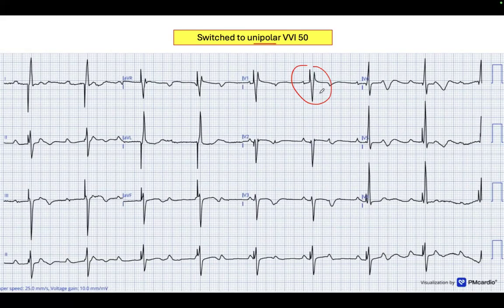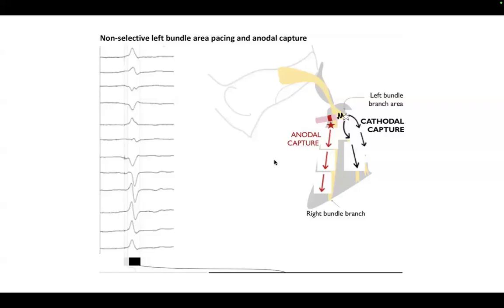Regardless, what might have happened with this patient is, yes, you are engaging the left bundle, but because the catheter moved a little bit, you're also engaging the right bundle. And then you might engage the right bundle before the left bundle.